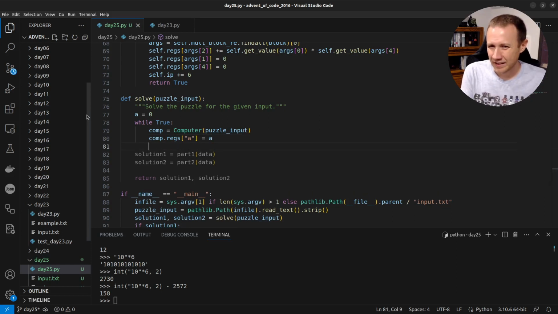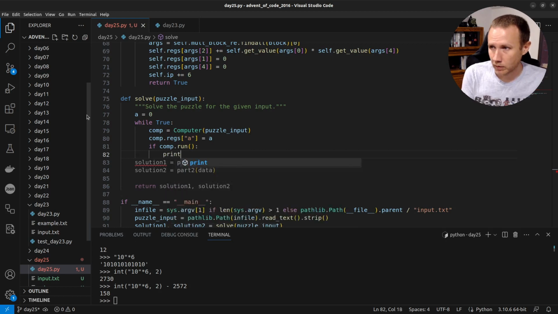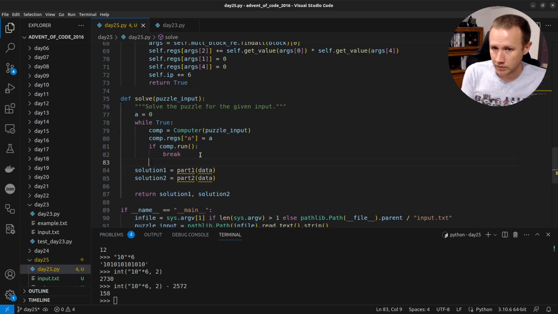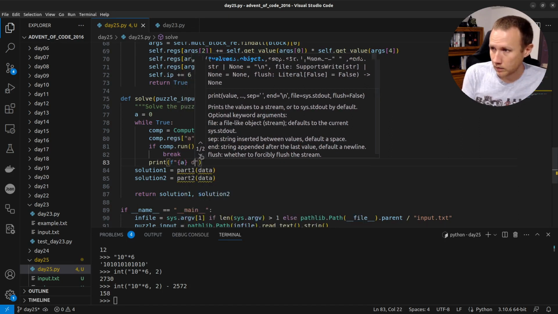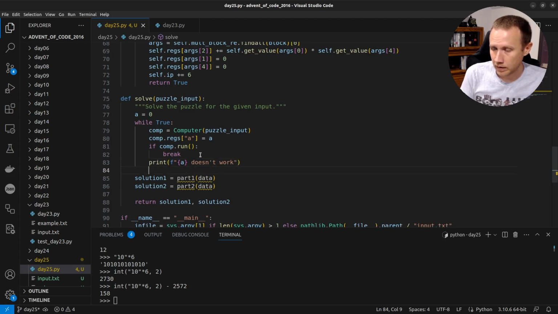We'll say if comp.run returns true, we'll just break here, because that'll tell us that we know A. And then if we didn't do that, we will print A doesn't work. And then we can say A plus equals 1 and loop around here.